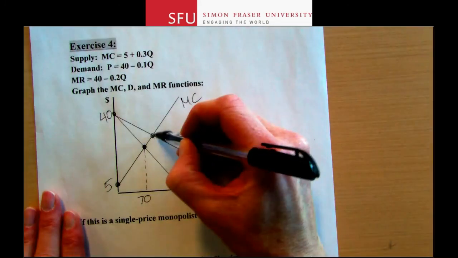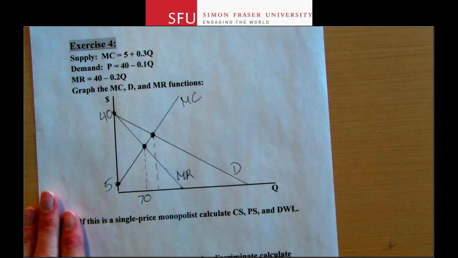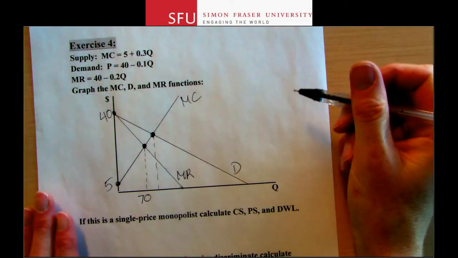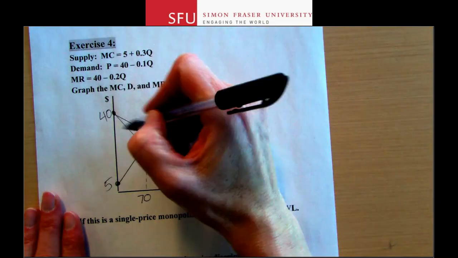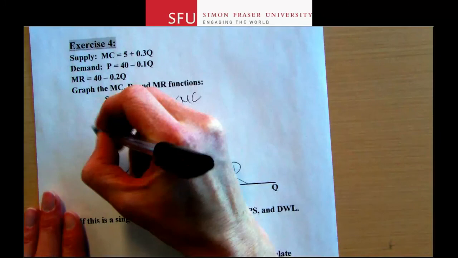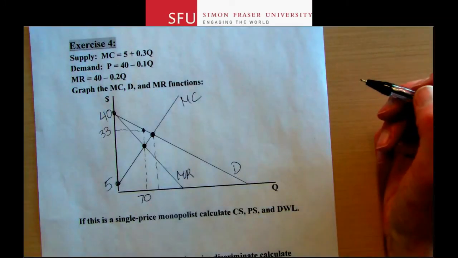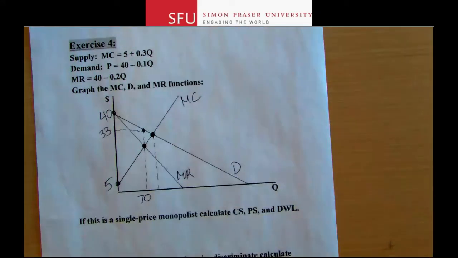And this equilibrium quantity is, oh, I don't have that one. Okay, we'll have to figure out that one. But the price we already figured out on page 11 is $33. Okay, so we will need the Q star.